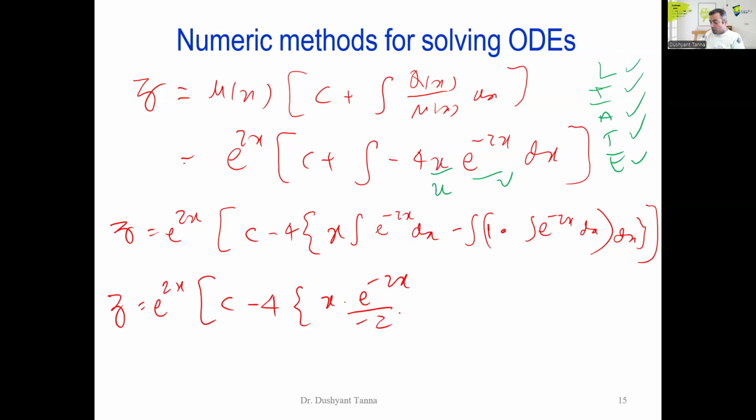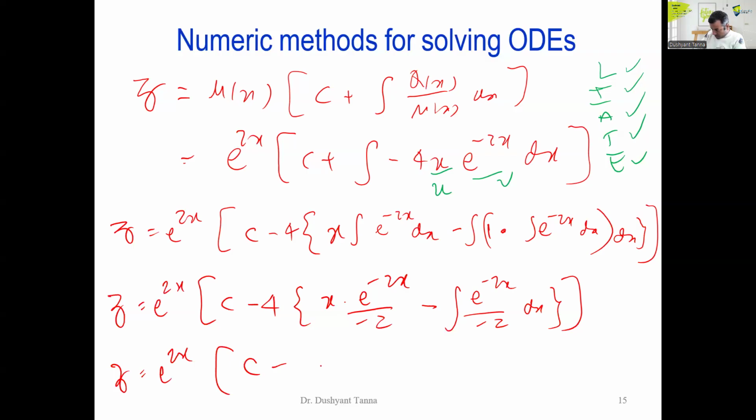The multiple of x goes in the denominator, minus e raised to minus 2x over minus 2, and one more integration, dx, e raised to 2x, right?